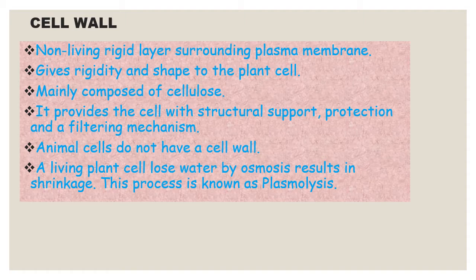Here, this is the perfect component or feature giving rigidity and shape to the plant cell, and it is made up of cellulose, a complex form of carbohydrate, or we can call it as polysaccharide. Here by osmosis, osmosis means higher to lower concentration movement. It is making the plant cell shrinking by a process called plasmolysis.